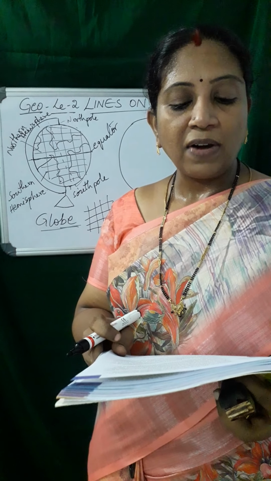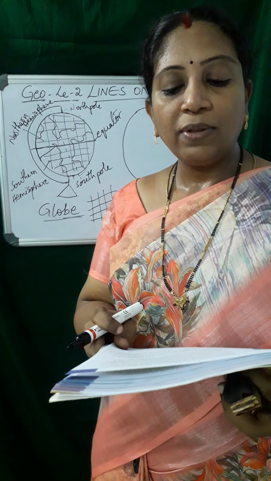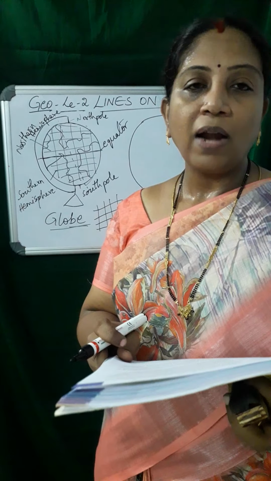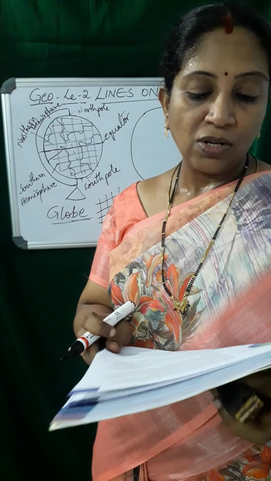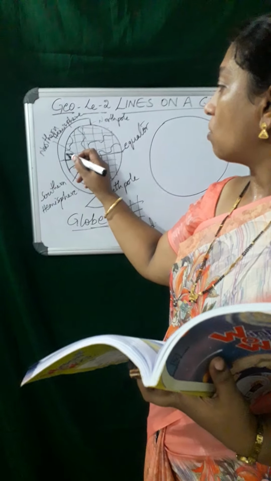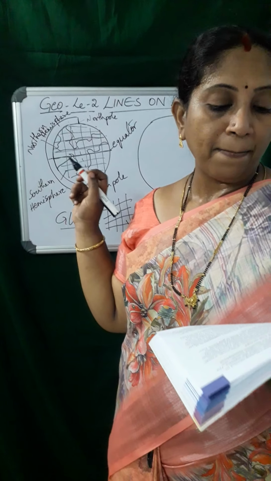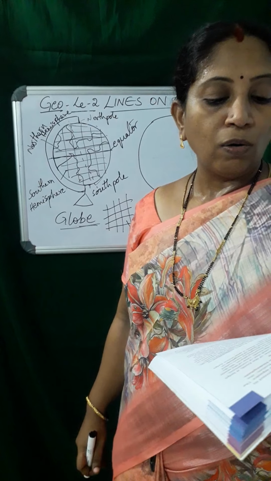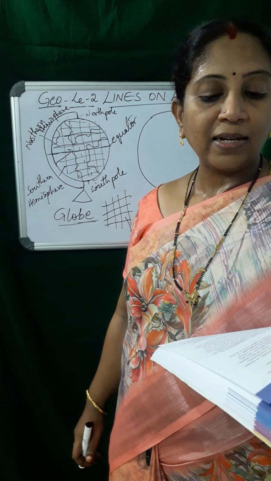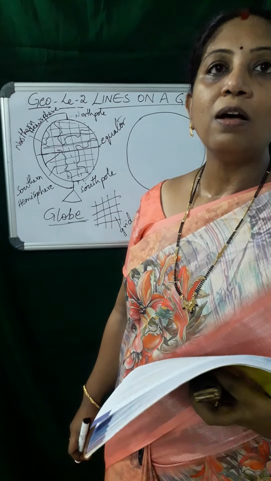As the lines of latitudes lie parallel to the equator, they are known as parallels. See, these are also called parallels. What are they called? Parallels.